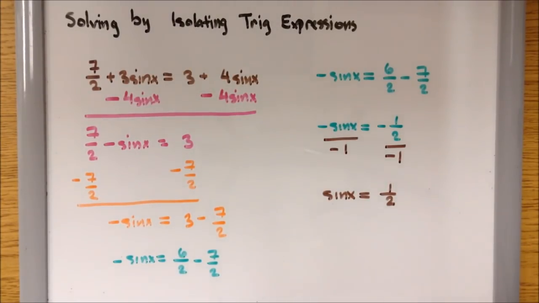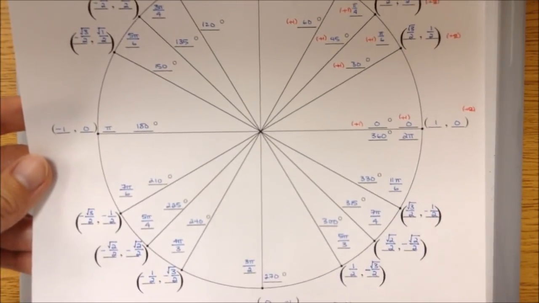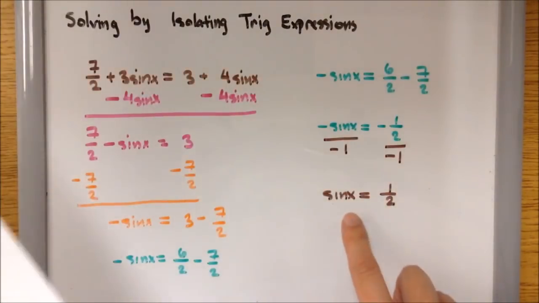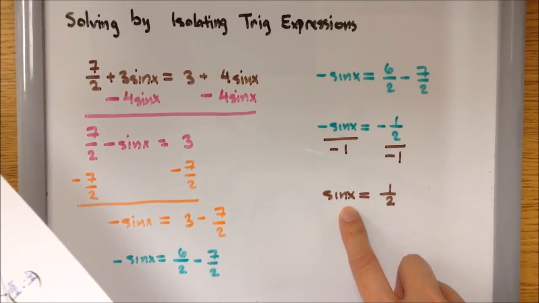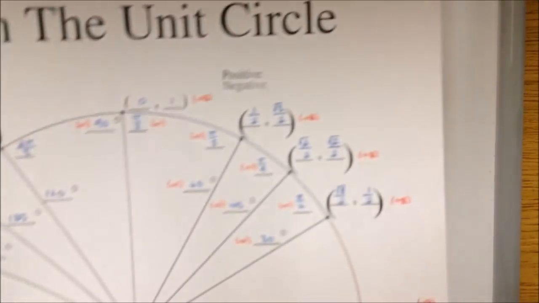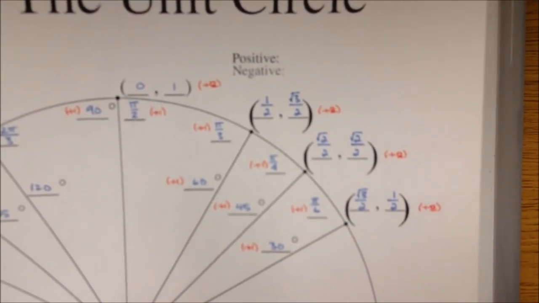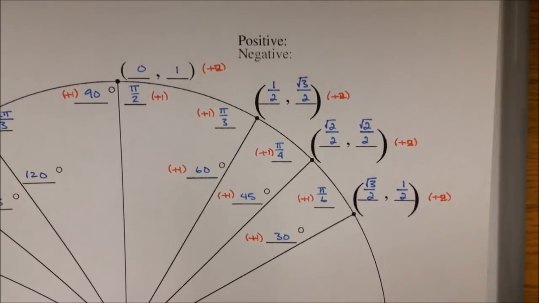So if we go back to our unit circle, which I provided on the learning platform, which looks similar to this, basically we look for what angle measure, and I'm going to give you in degrees and radians, where sine x equals 1/2. So if we zoom in closer, sine x are typically the y values.